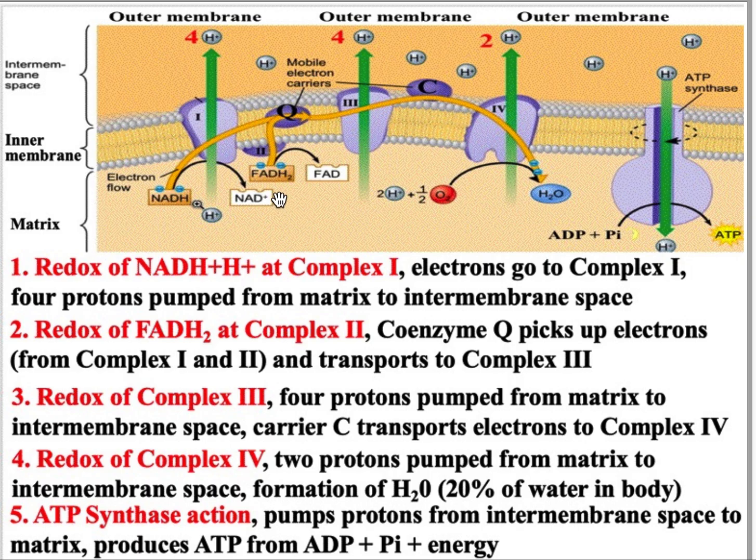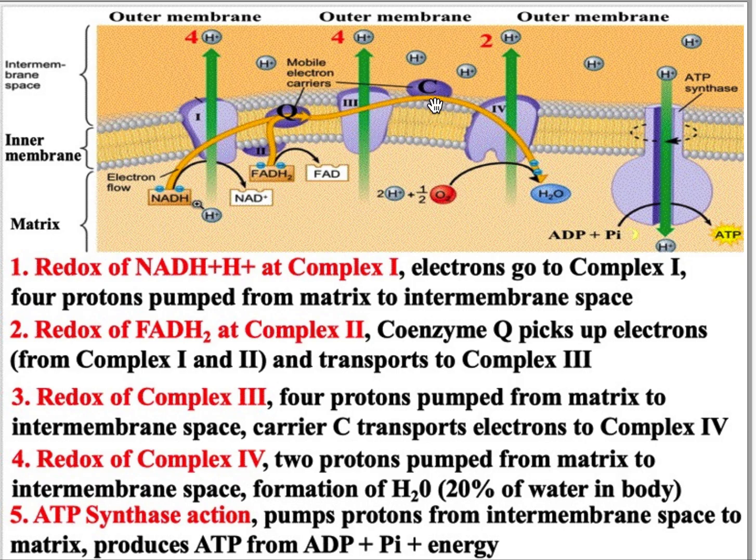Electrons from FADH2 will be released into complex 2, and the electrons in complex 1 and complex 2 will be collected by ubiquinone Q and transferred to complex 3. When electrons come into complex 3, protons will be pumped from the mitochondrial matrix to the intermembrane space. This requires energy because protons are migrating from a lower concentration area to a higher concentration area, and the energy is provided by electrons.